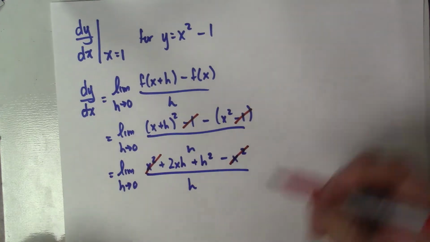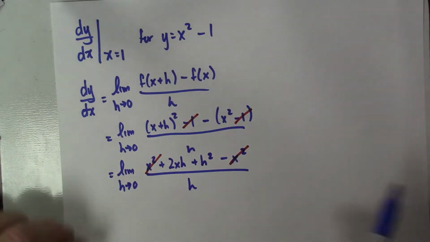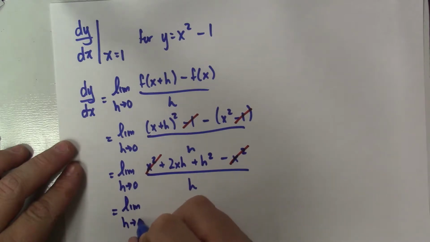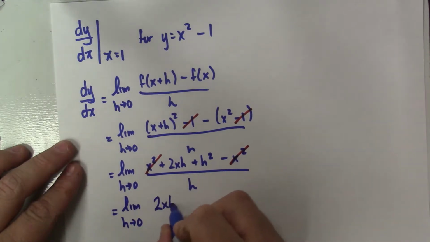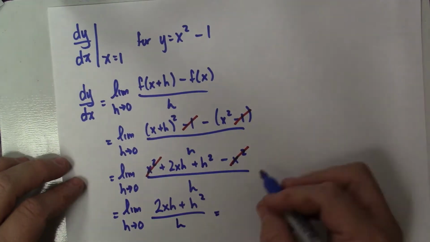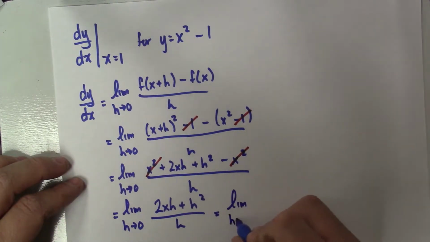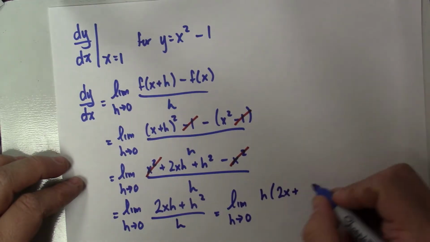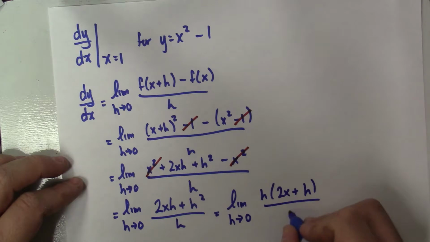x squared minus x squared is 0, giving me the limit as h goes to 0 of 2xh plus h squared over h, which is the same as the limit as h goes to 0 of h times 2x plus h over h.